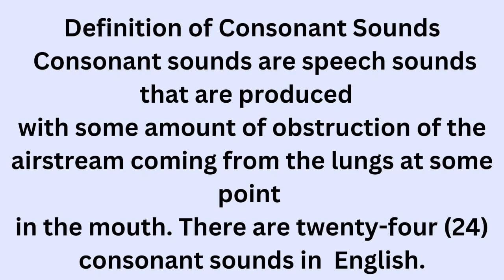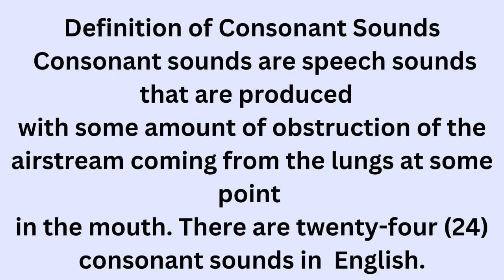Unlike vowel sounds, which are produced with an open vocal tract, when you want to produce a vowel sound, the air coming from the lungs comes out freely. Nothing is blocking the flow of air. But by the time you're producing a consonant sound, the flow of air is usually obstructed at some point in the mouth.